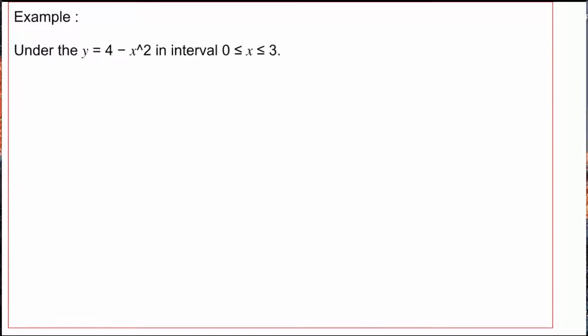Okay, now let's do some examples. Example 1 says, find the area under y equal to 4 minus x squared in the interval from 0 to x less than 3. Since you saw this question, what do you think about? Of course, it's the area in rectangular coordinates, right? So we put the equation here.